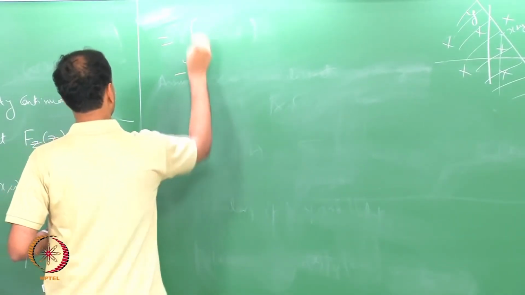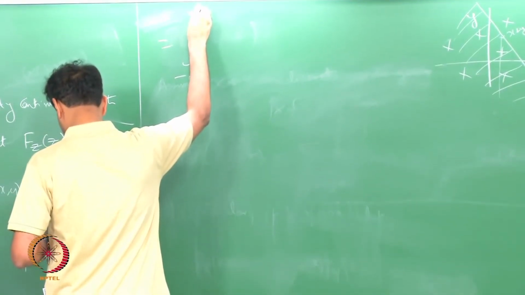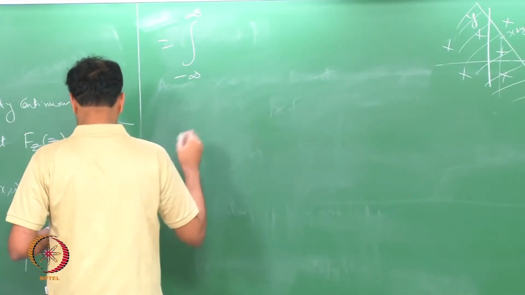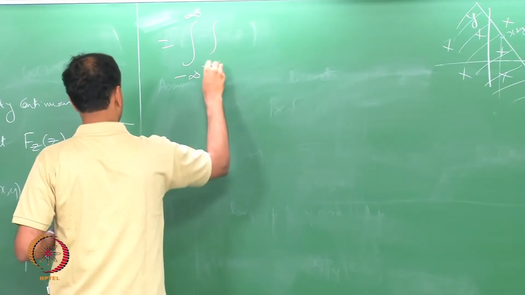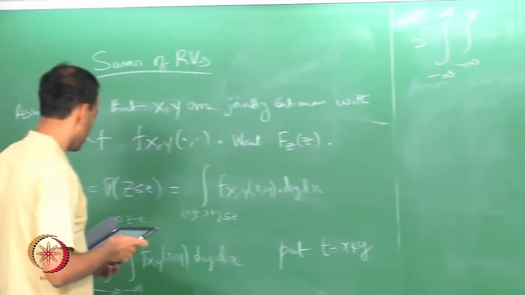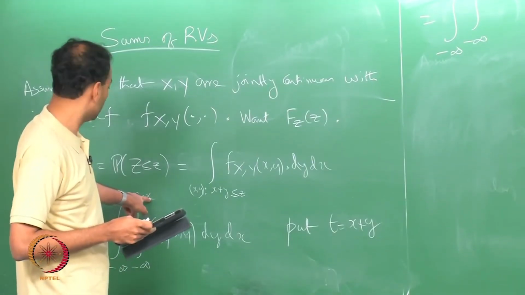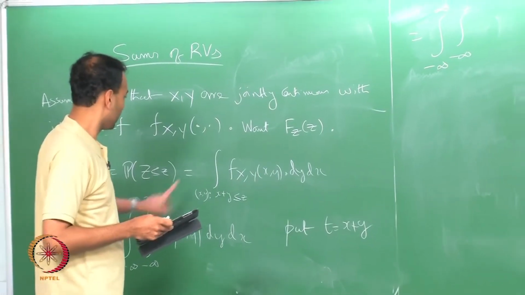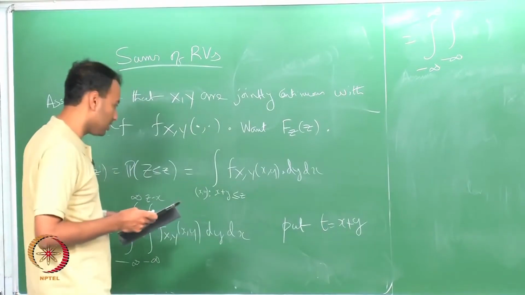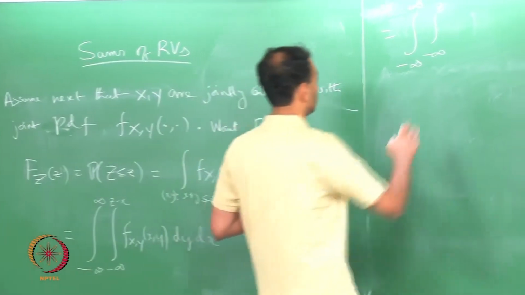I have gotten rid of z minus x: I have put t equal to x plus y, which means y is equal to t minus x.